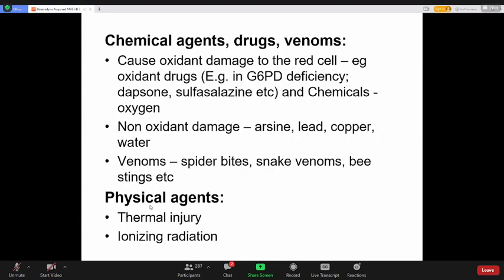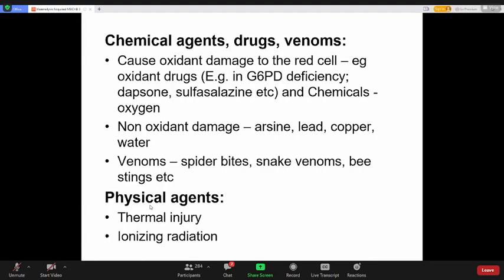All right. Then you have chemicals that give you oxidant damage, and I think when you went through enzymopathies, patients who have G6PD deficiency have a tendency to get oxidant damage to the red cells when they're exposed to certain drugs, like dapsone.